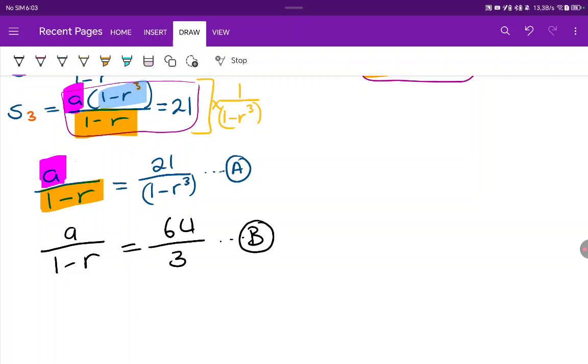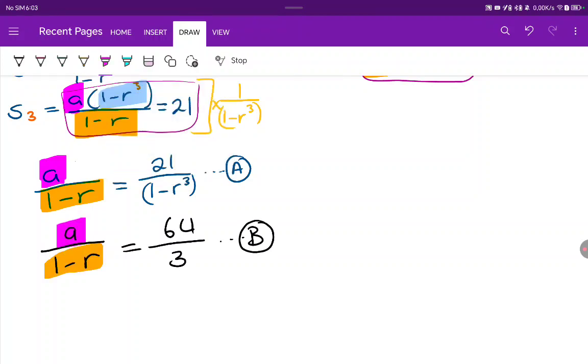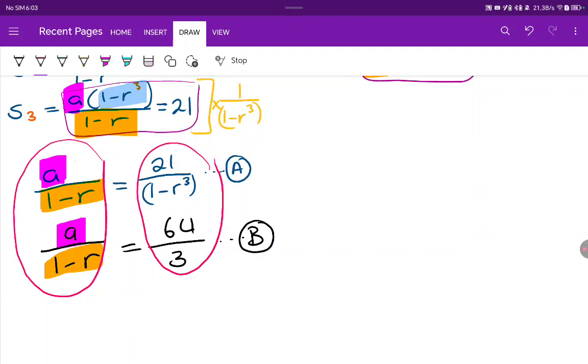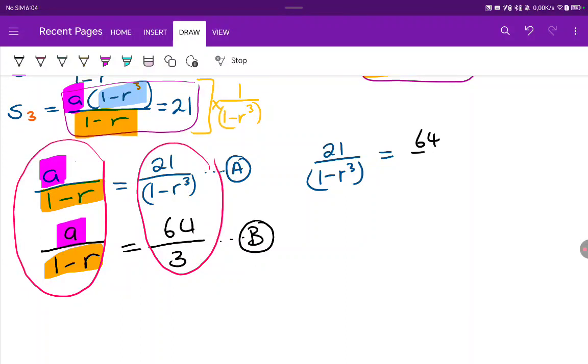This is B. Now, since these two are equal to each other, I am going to take the right-hand side and make an equality statement. And I am going to say 21 over, no, wrong way. 1 minus r cubed is equal to 64 over 3.